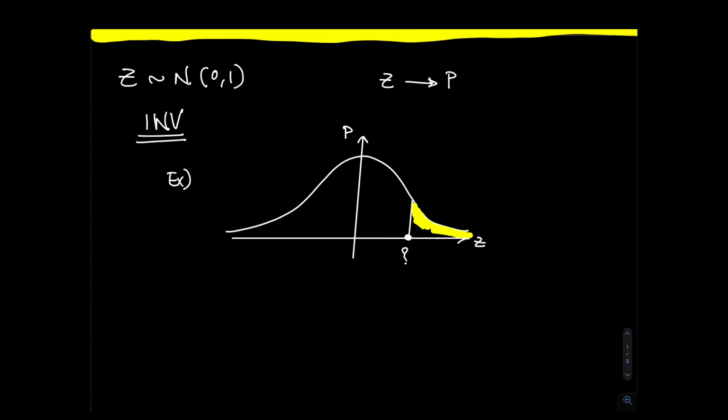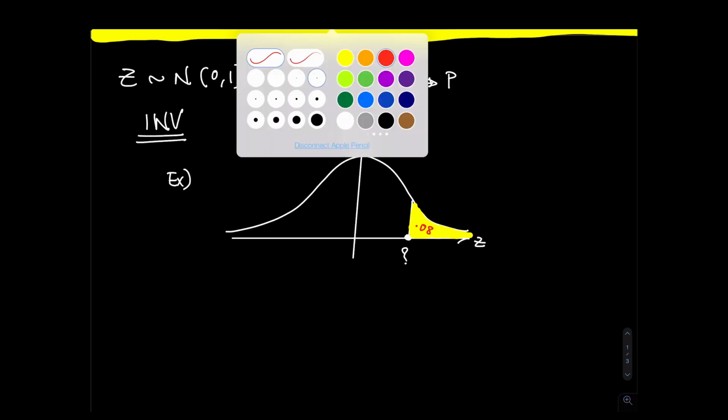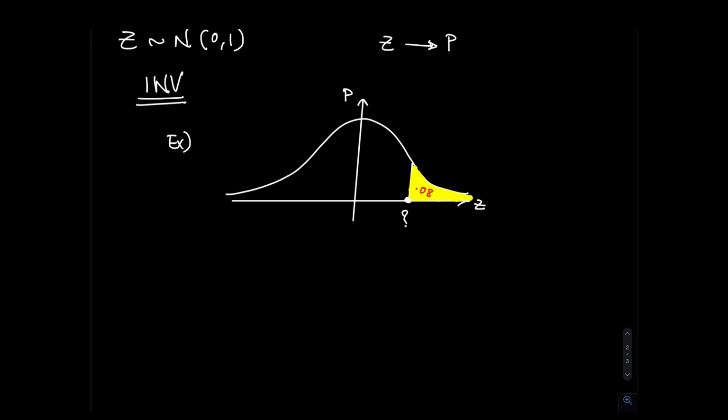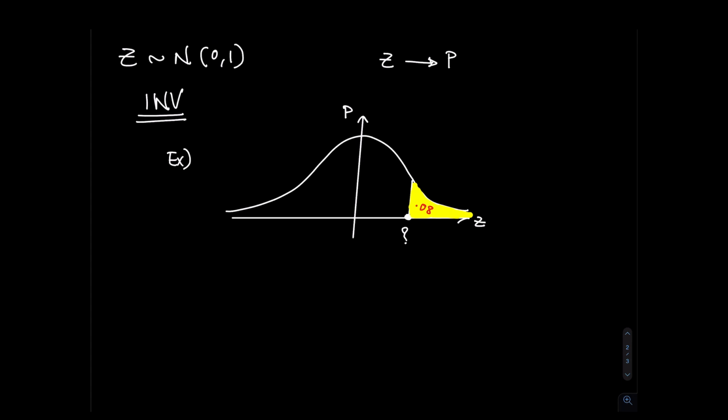So this yellow area here is 8%, 0.08, since we're going to use decimals to write it. So the question will come to you as: what's the z-value that will put you in the top 8% of the normal distribution? So you could see this question as find the z-value.